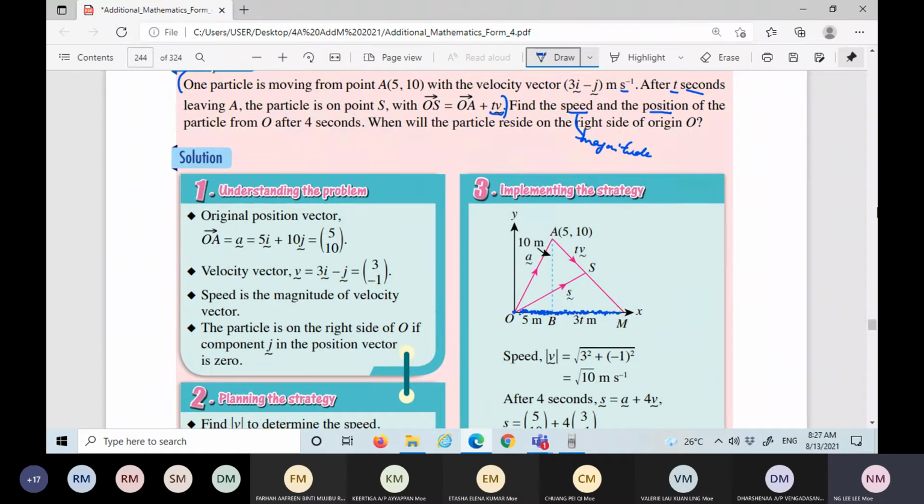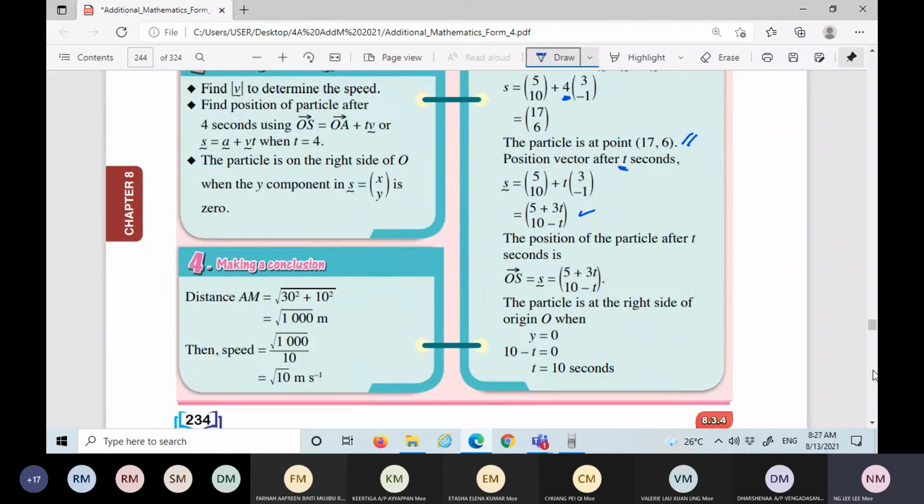So when y is 0, let this component be 0. This one is the y, so y is 0. So 10 minus t is 0. Therefore, t is 10. If you want to know where is the particle at that time, then you can replace the 10 into this portion. So 5 plus 3 times 10.